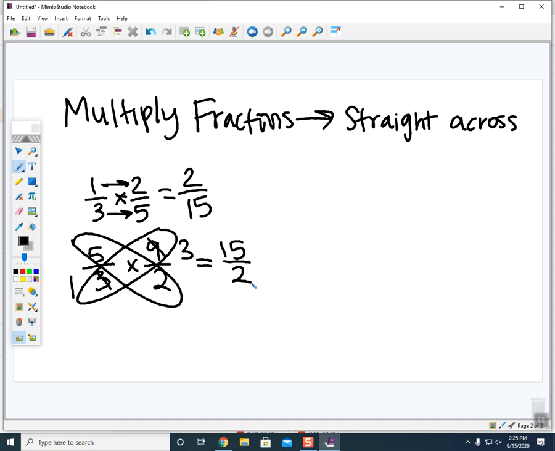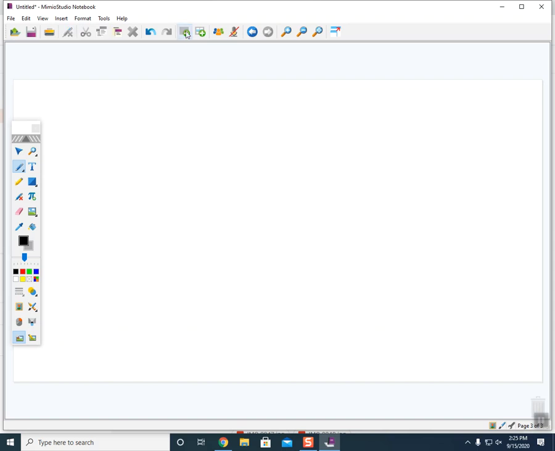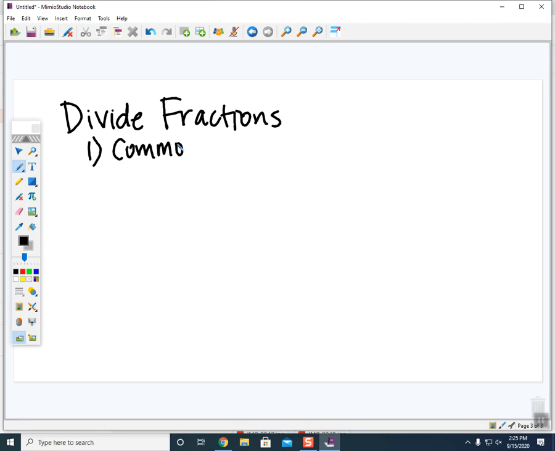The last one then that we need to go over is dividing. There's two ways that we can divide fractions. Way number one is a common denominator. Then I can just divide across.